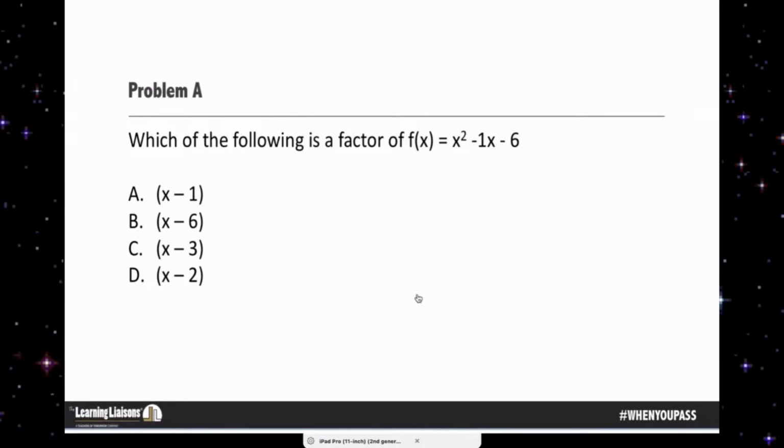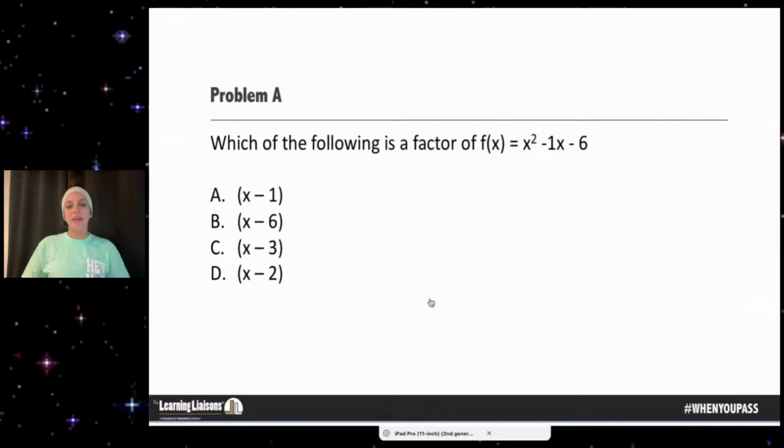Which of the following is a factor of f(x) = x squared minus 1x minus 6? Two weeks ago when we were here, somebody specifically requested factoring help.